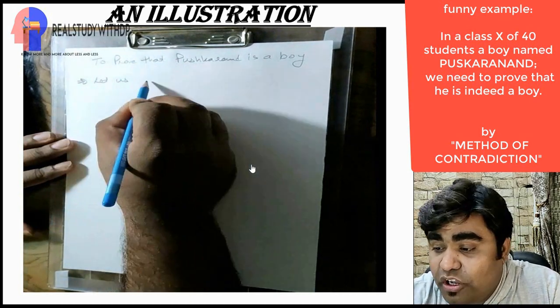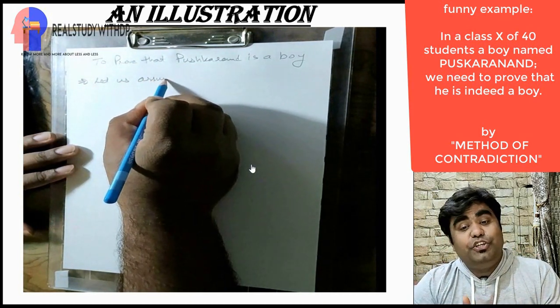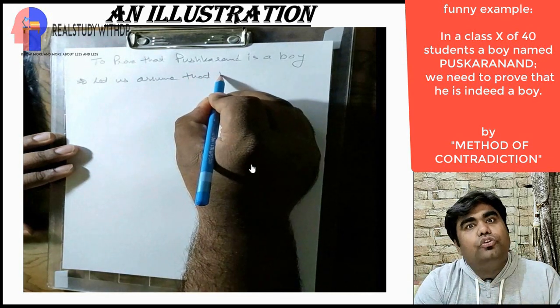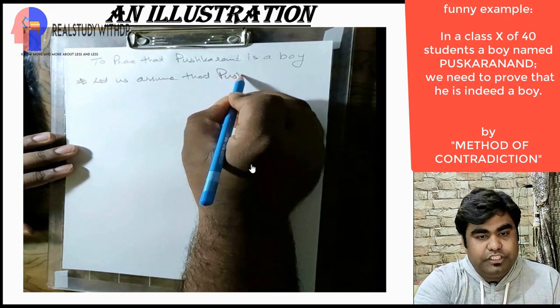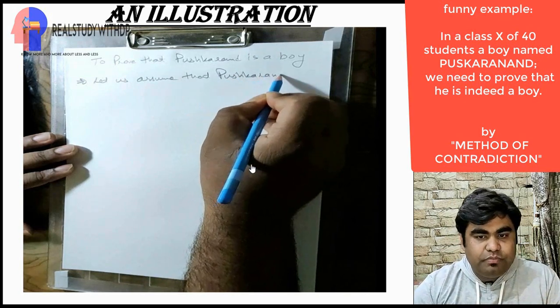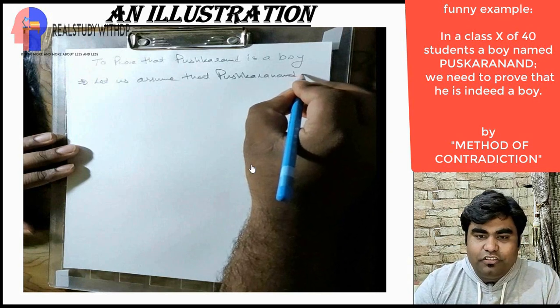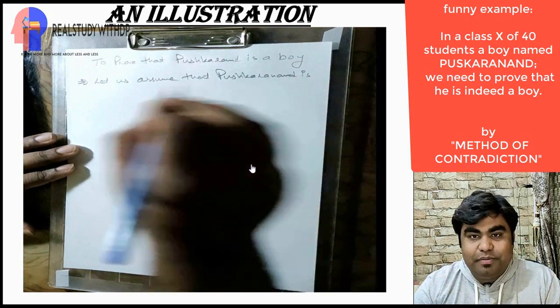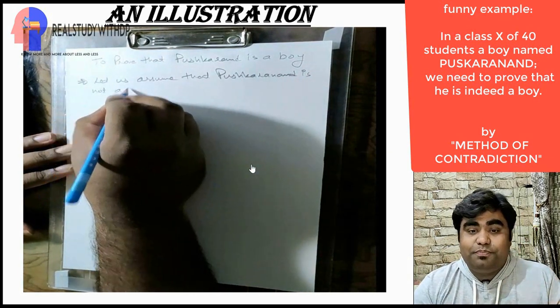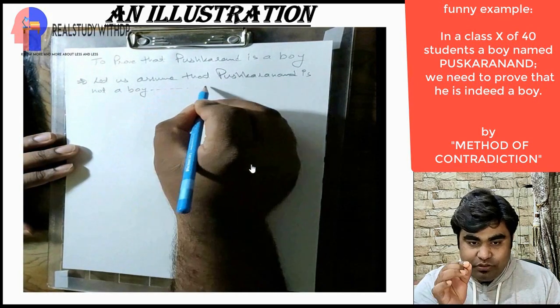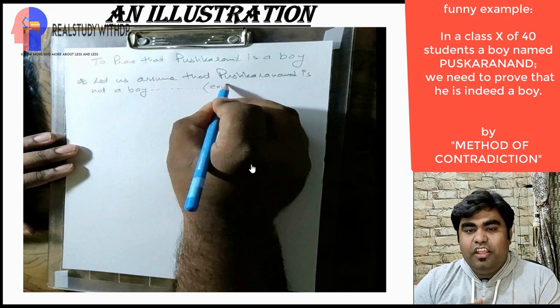The first step was to assume, so let us assume that Pushkaranand is not a boy. This is the statement that we have assumed, because the first part of the contradiction method was to assume.